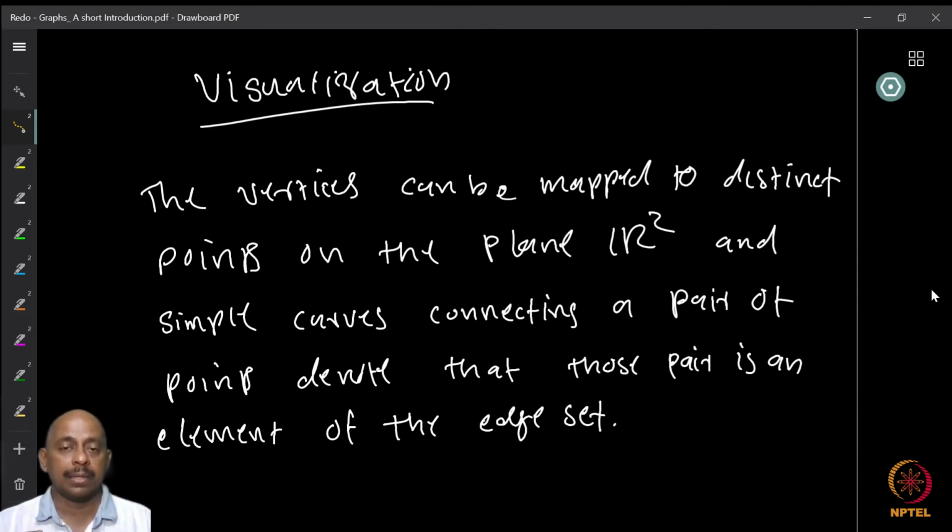When two vertices are in an edge relation, when there is a relation between them which forms an edge, then we draw a line segment or a curve connecting the corresponding points on the plane. This will give you a picture of the graph.